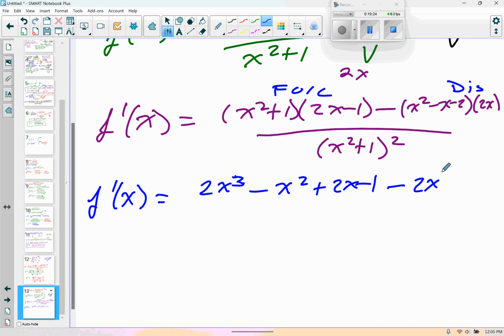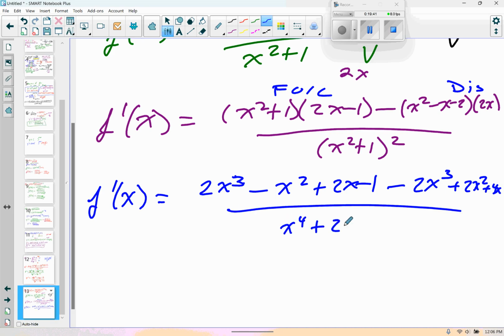Distribute negative: minus 2x cubed plus 2x squared plus 4x, all divided by x to the fourth plus 2x squared plus 1.